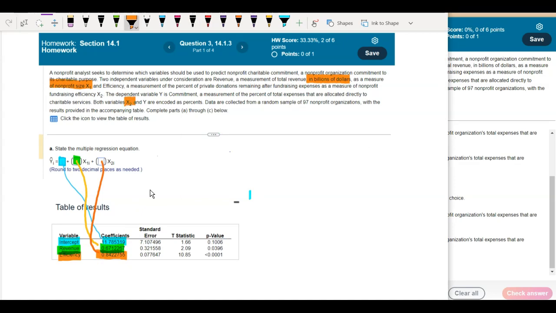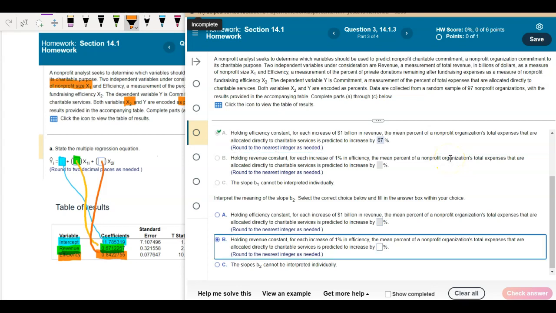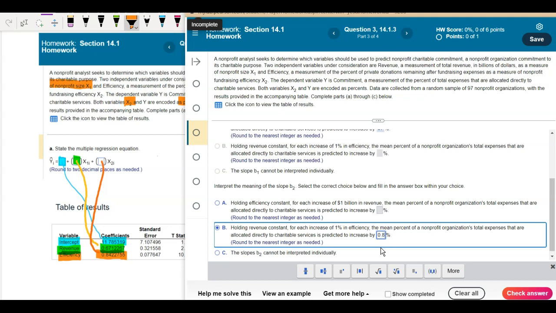We can see here the statement that X2 is in percentage. So this will be our statement: increase 1%, and it's an increase because it's positive. Otherwise, if it is negative, it's going to be a decrease. So it's 0.84, and again we have to multiply by 100 to get a percentage, so it's going to be 84%.